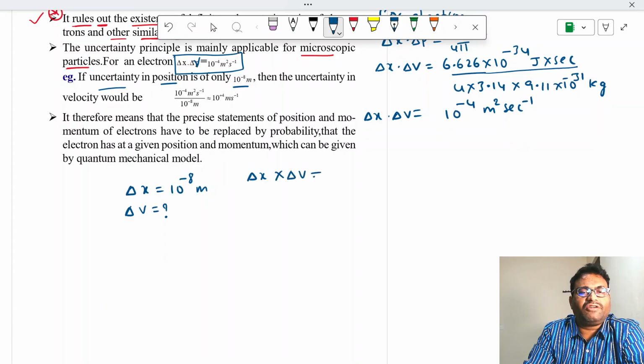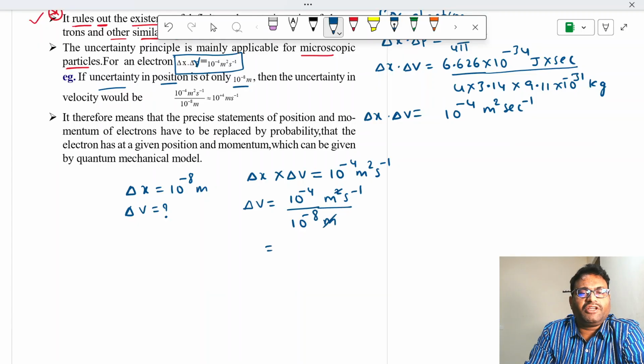Delta v is equal to 10 power minus 4 meter square per second divided by delta x, which is 10 power minus 8 meters. Then you get 10 power plus 4 meters per second.